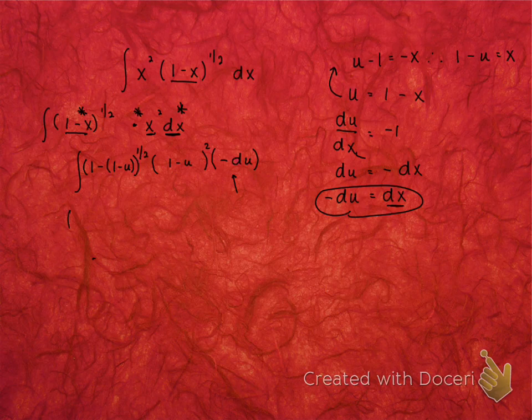Okay, now we can do some simplifying. 1 minus u is like 1 minus 1 plus u, all to the 1/2. Remember, we have to distribute the negative. So 1 minus 1 is completely gone, and what we're left with is just u to the 1/2. Okay? And then we've got 1 minus u squared.